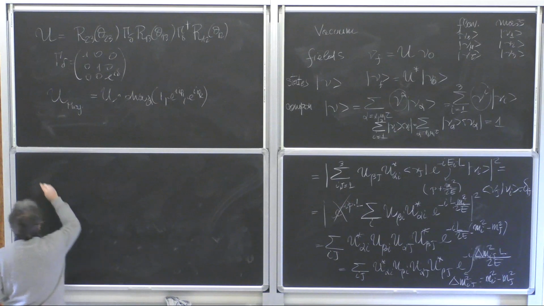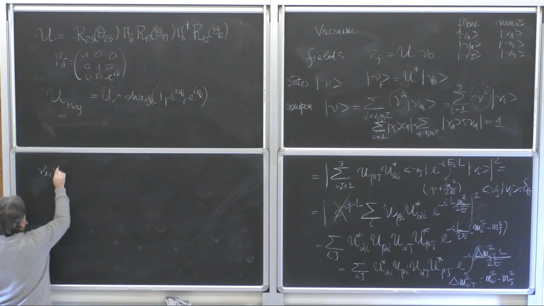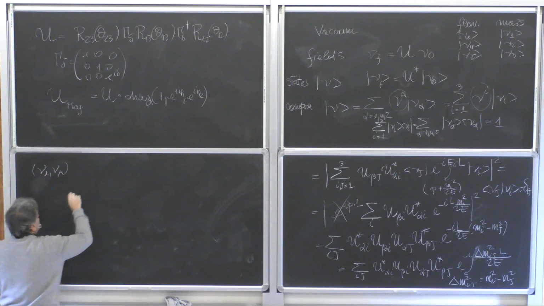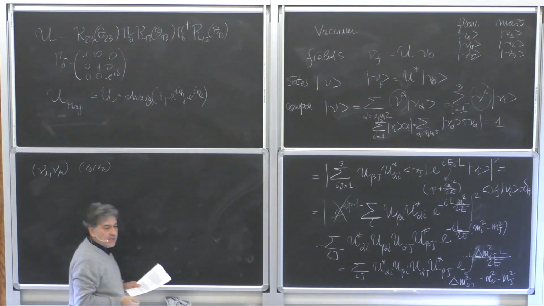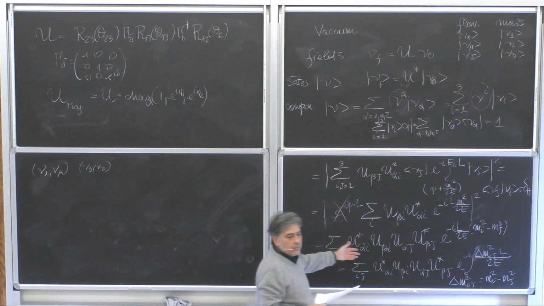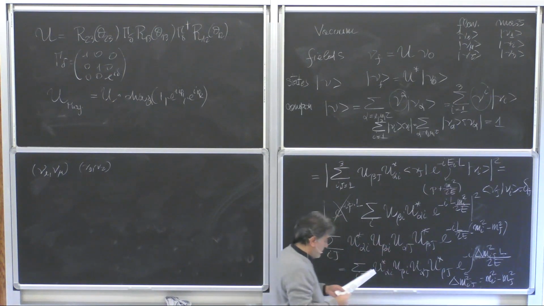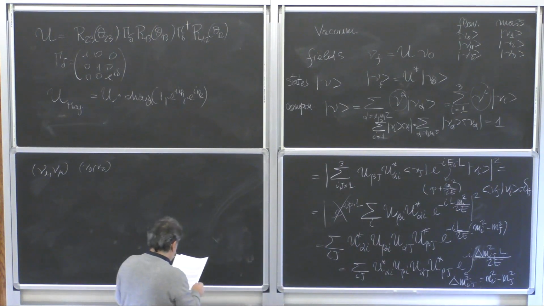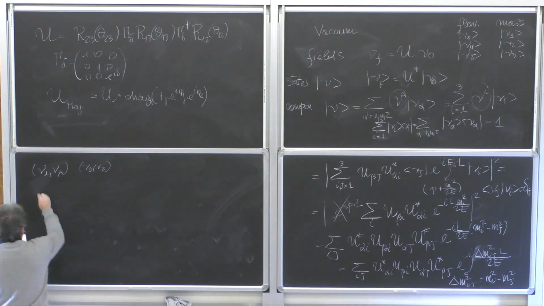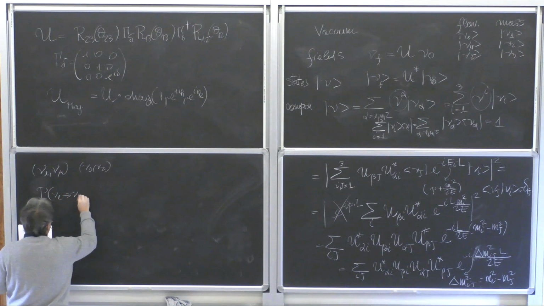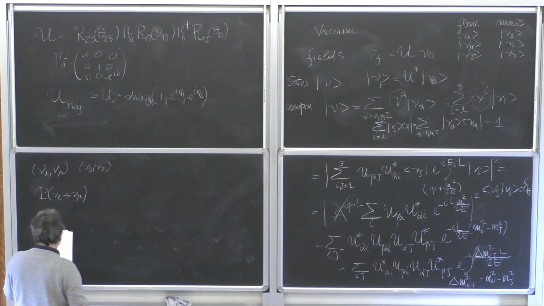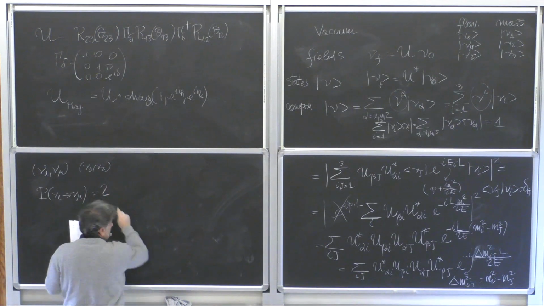Imagine to have only nu e, nu mu as flavor eigenstates, nu 1 and nu 2 the mass eigenstates. Obviously this formula will simplify, okay? And so, for instance, the P nu e to nu mu is 2.